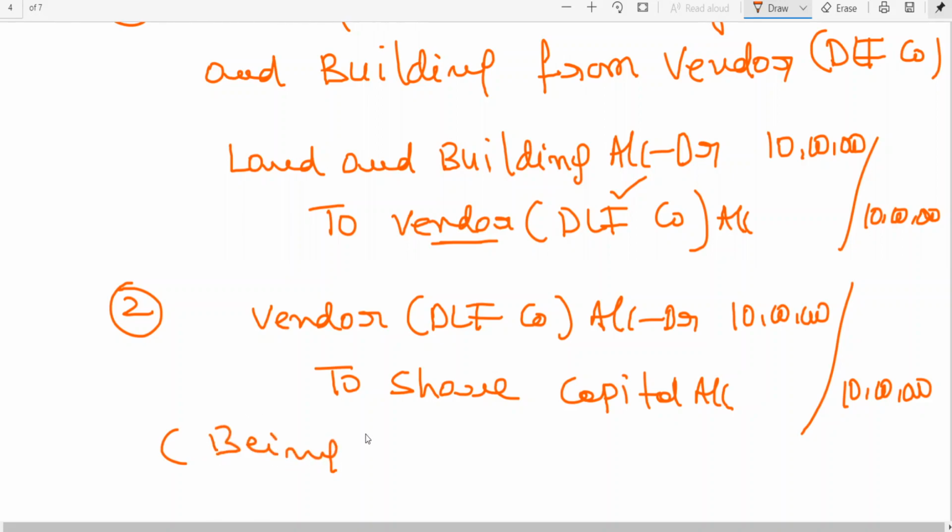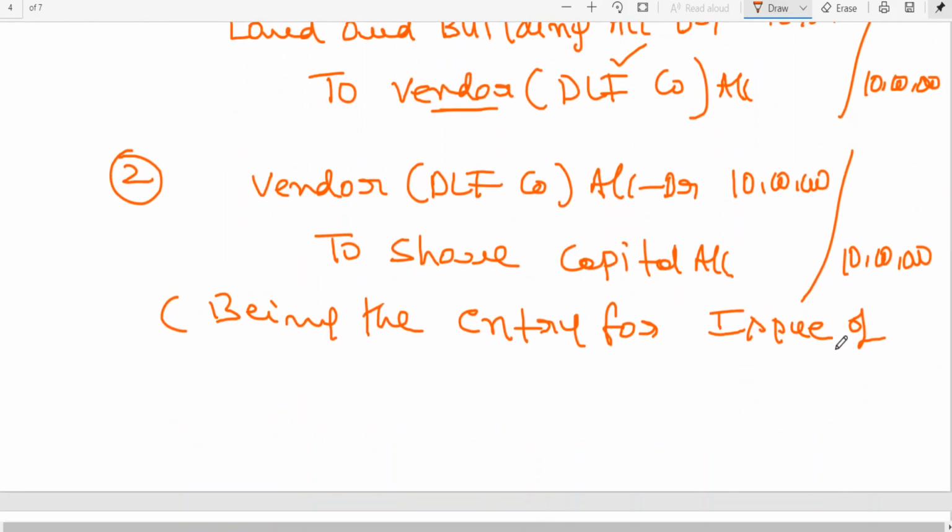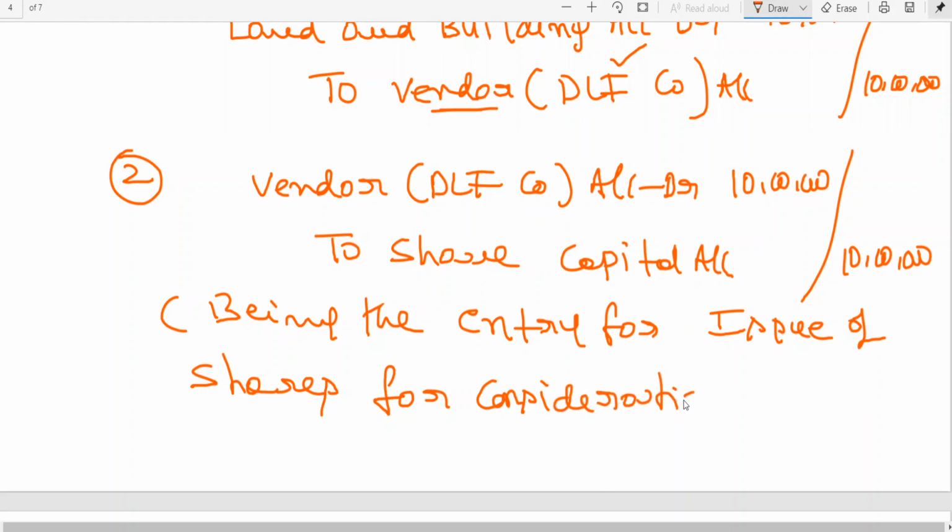Being the entry for issue of shares for consideration other than cash.